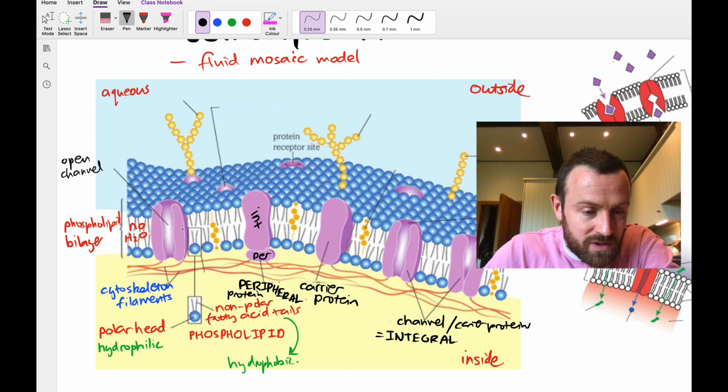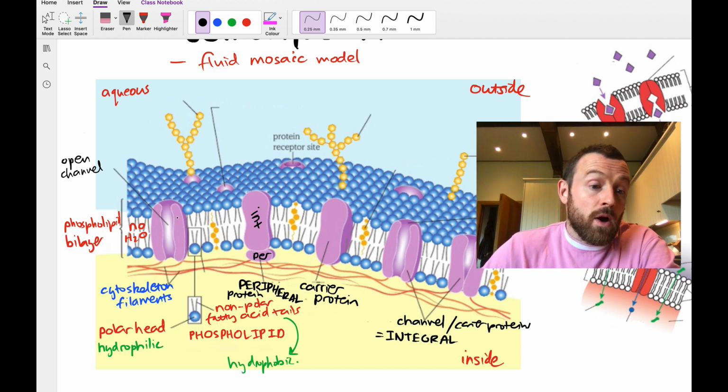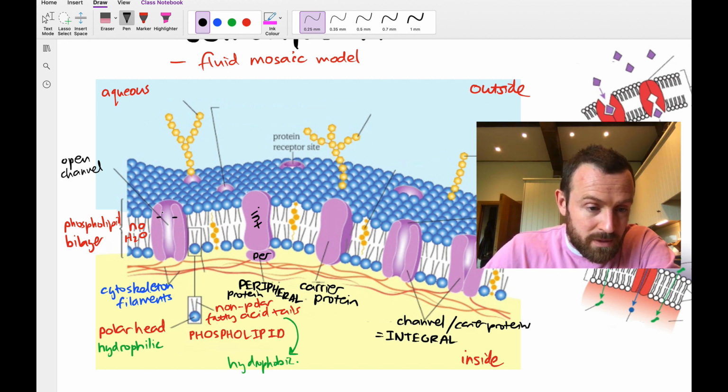around this entrance point here, there might, for example, be certain R groups on amino acids that stick out. So maybe these R groups are negatively charged, potentially, and maybe they're a certain distance away. And that would mean that only a positively charged ion would be able to go down there.